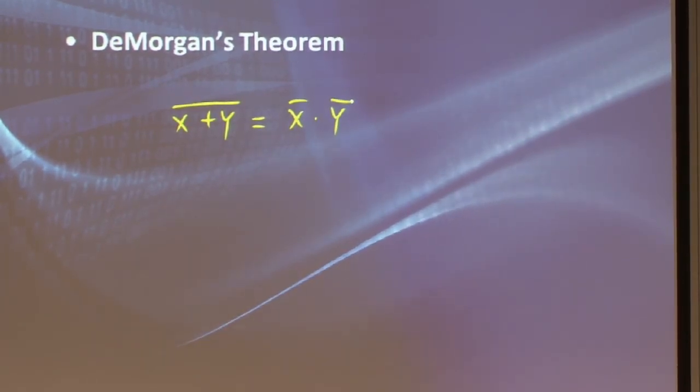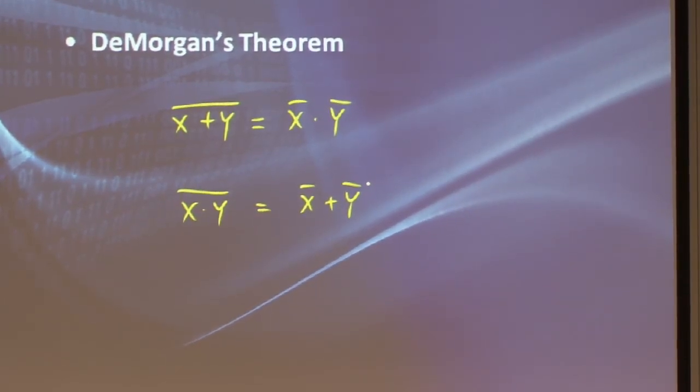And vice versa. If we had x and y complemented, it will be the same as not x or not y. We will talk about De Morgan's theorem a bit more later.